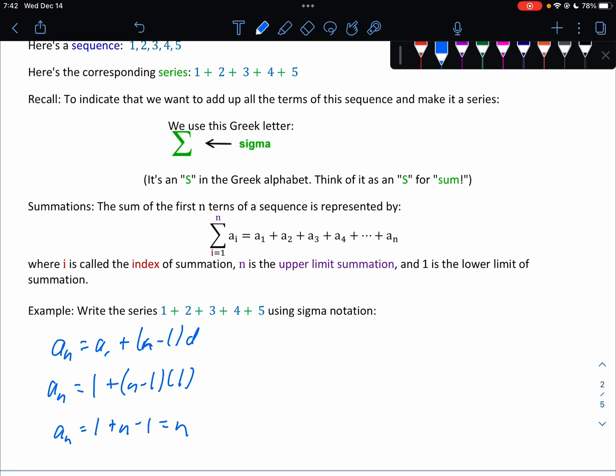Now, could we have done that without doing all that work? Probably. You could have recognized that pattern, but I'm just trying to show you what we're doing today. That goes here. And then we're going to go from n equals 1 to 5. That's what we're going to be doing on our problems today, looking at arithmetic series.